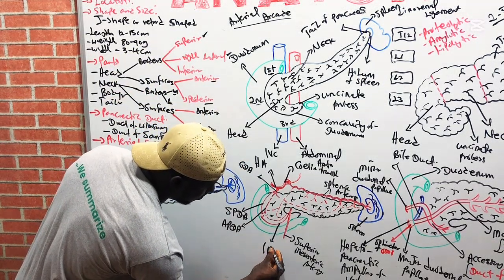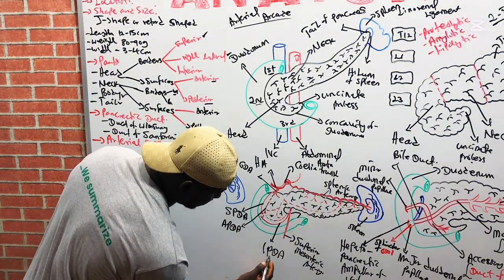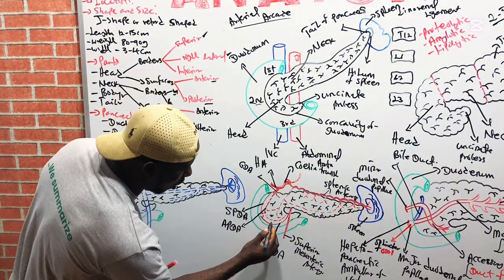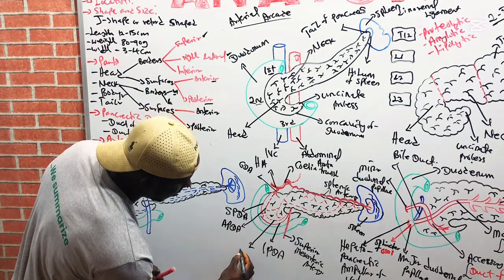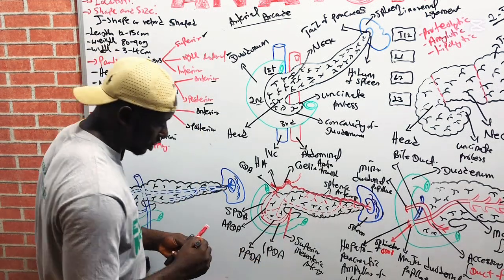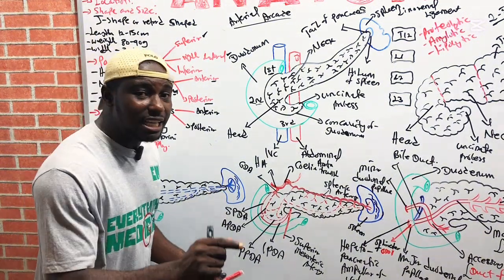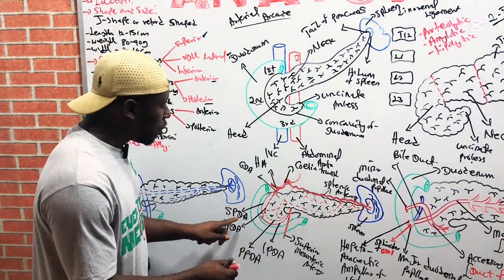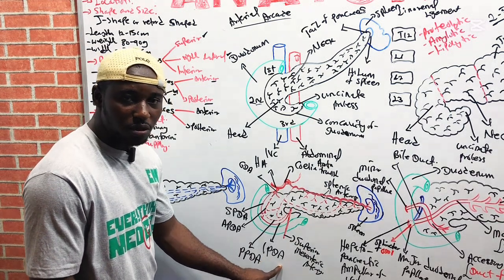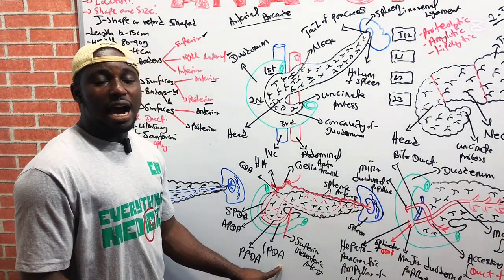The inferior pancreaticoduodenal artery gives off a branch which is called the posterior pancreaticoduodenal artery.